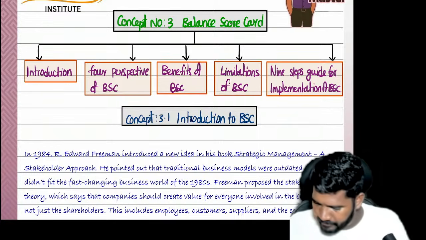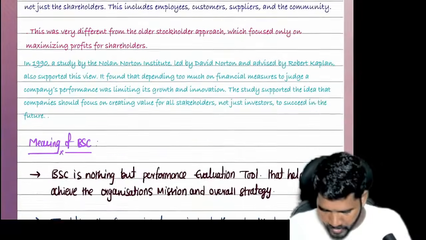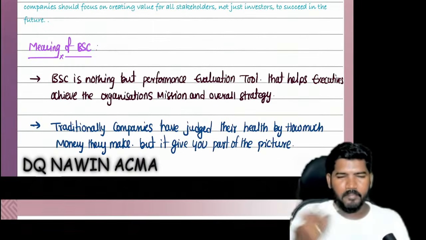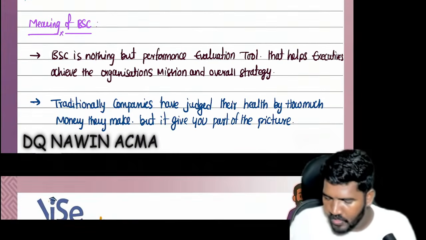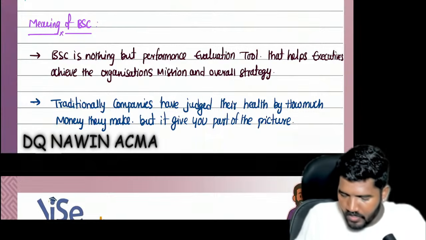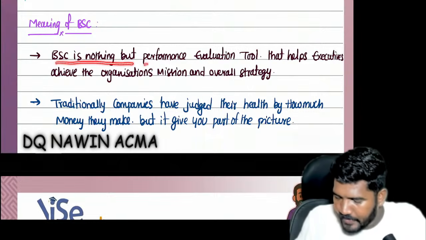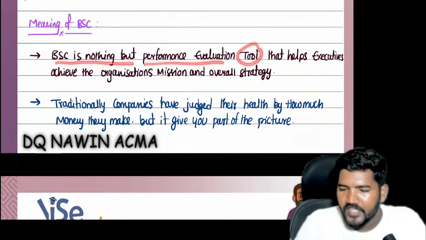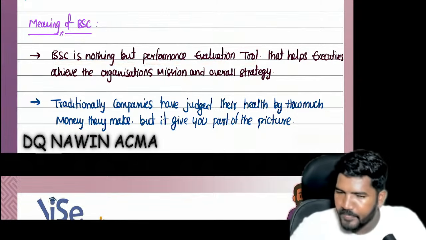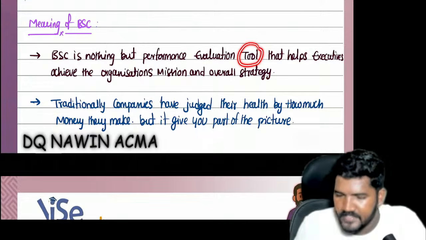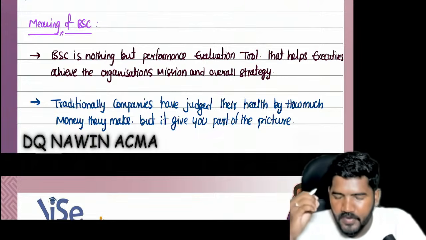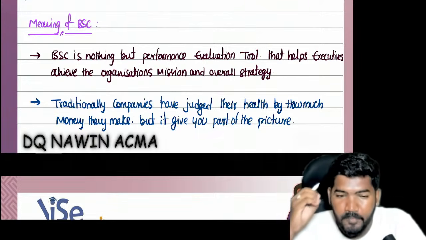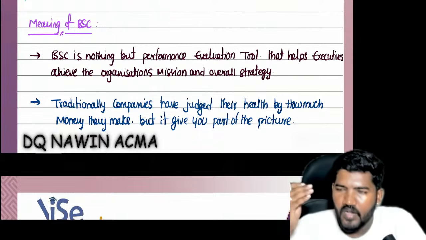Let us check here. Introduction is not required. You can come to the meaning of the balanced scorecard. The meaning of the balanced scorecard is nothing but a performance evaluation tool. So what are the concepts we are learning in this chapter 2? All are tools, guys. In chapter number 1, we studied problems in the organization and also solutions.